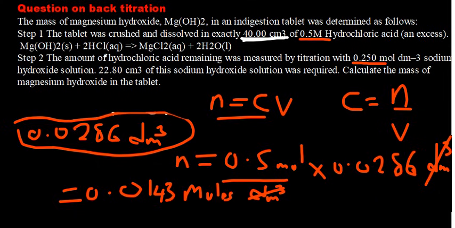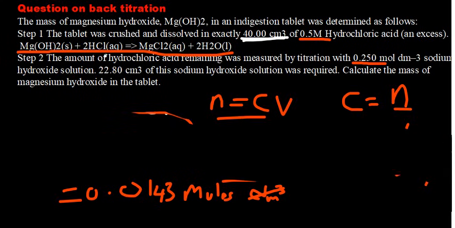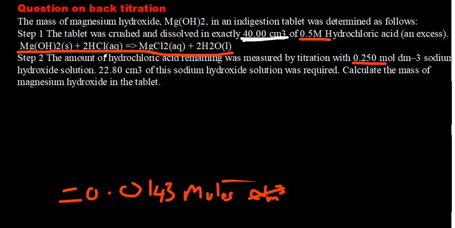That is for HCl. So if you go back to our reaction there, this equation has already been given in the first part. We've determined the number of moles of HCl, and the ratio there is 1 to 2, as we can see.